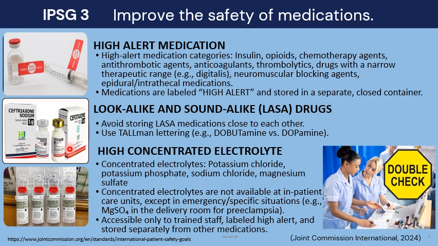So you have to really avoid storing look alike and sound alike drugs in the same place. Or you can also use Tall Man lettering, so instead of having the same capitals, you have dopamine and dobutamine, so that it's easy to recognize that they are two different things.